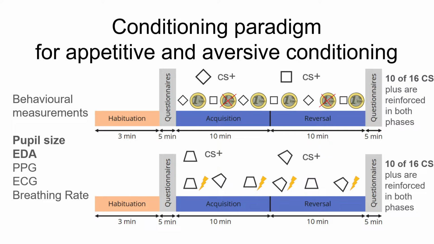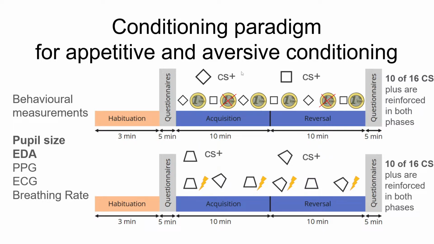In general, what happens in the conditioning? There is a conditioned stimulus, which in the beginning is just a symbol which causes no reactions. We believe it does not cause any types of reactions. It is not associated with anything, but it is paired in time with some kind of unconditioned stimulus, which causes reactions without any conditioning. In our case, it's the money in appetitive and the electrical stimulation in aversive. So we show the symbol, and then after some period of time we show the money or make an electrical stimulation.